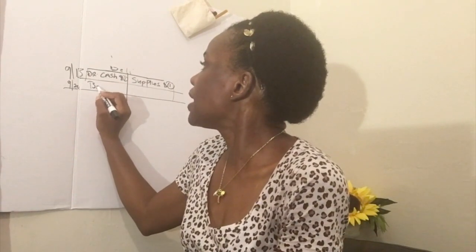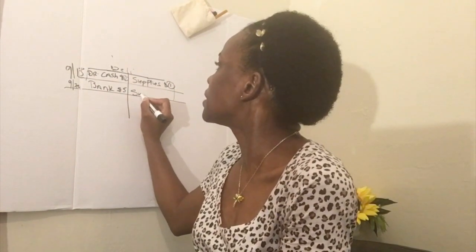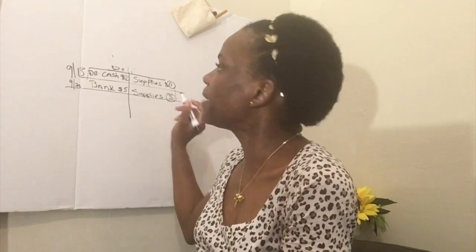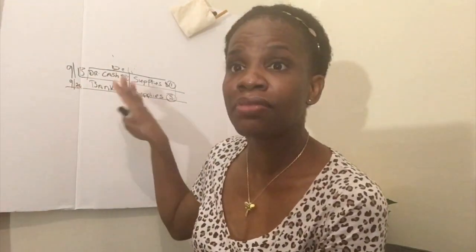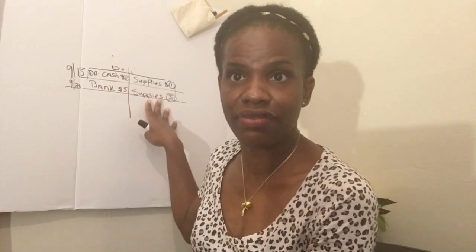How much was the ham sandwich? I don't know how much it is. Let's say it's $5. $5, right? And supplies, $5, right? So we debit the receiver, we credit the giver, and we went through it. We have the date, we have what happened, we debit the receiver, and we credit the giver.